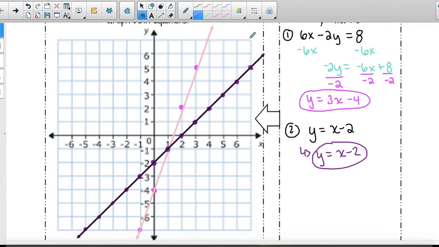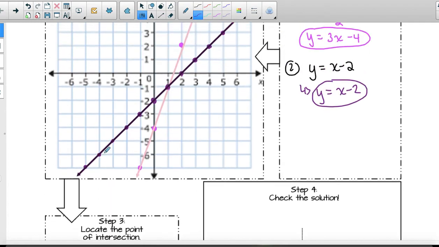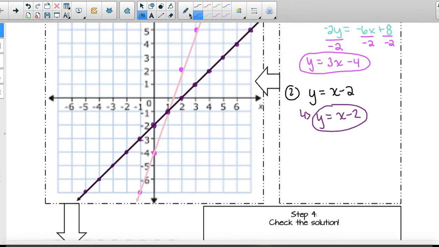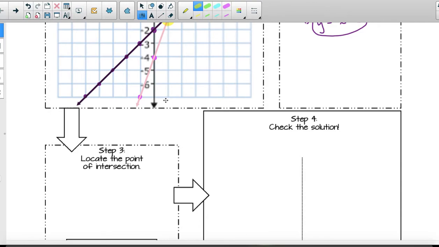Once we've graphed them, we'll go to step 3, locate the point of intersection. So I'm going to find where these two lines cross. These two lines cross at a coordinate of 1, negative 1. This is the point of intersection.